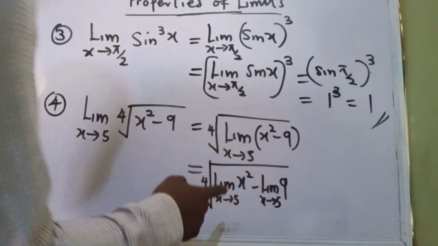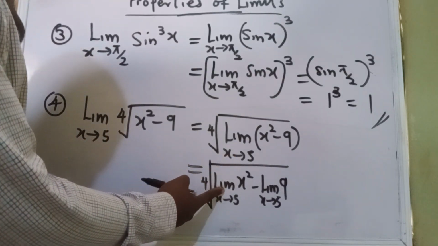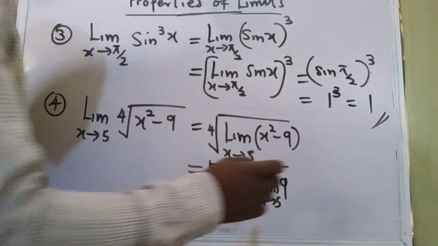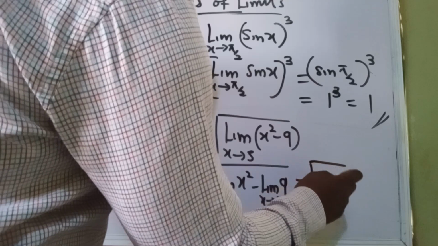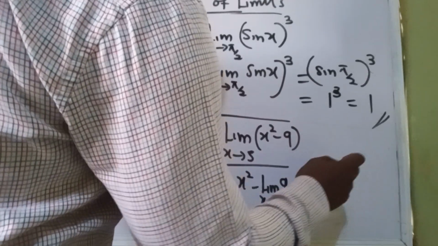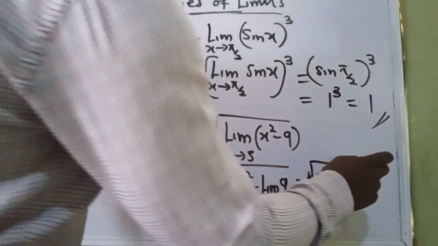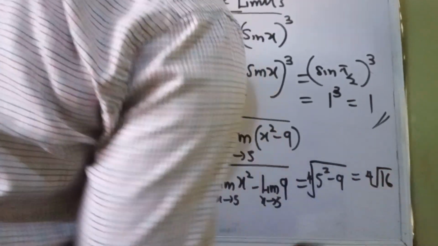So here we can apply limit law 8, and we apply the limit law of 1 here. So before we substitute, this becomes the fourth root of 5 square minus 9. So this means the fourth root of 16.